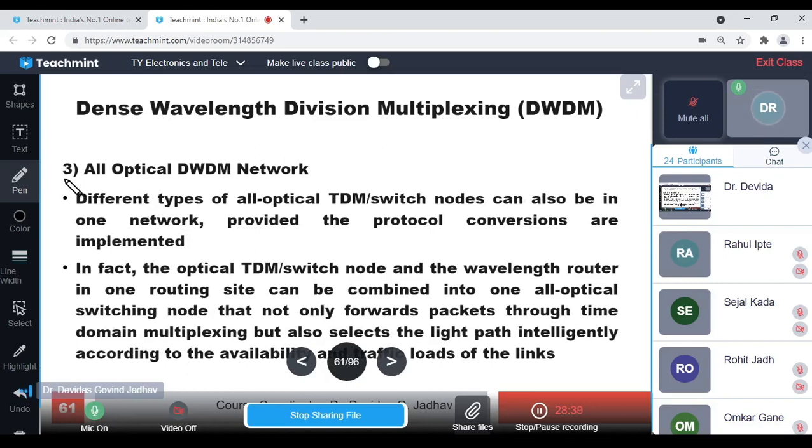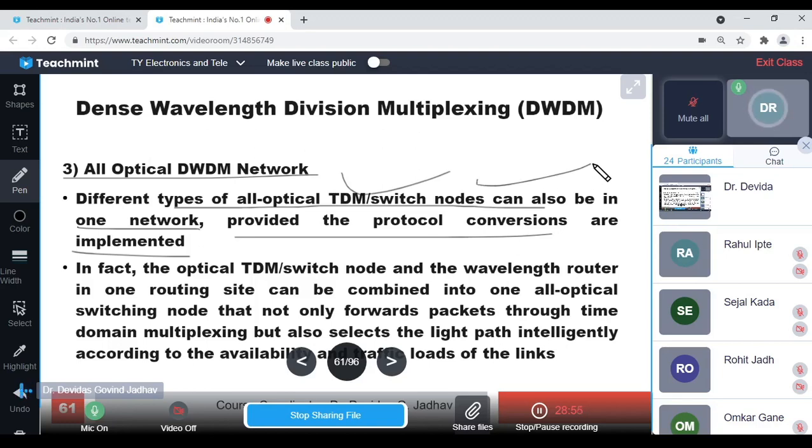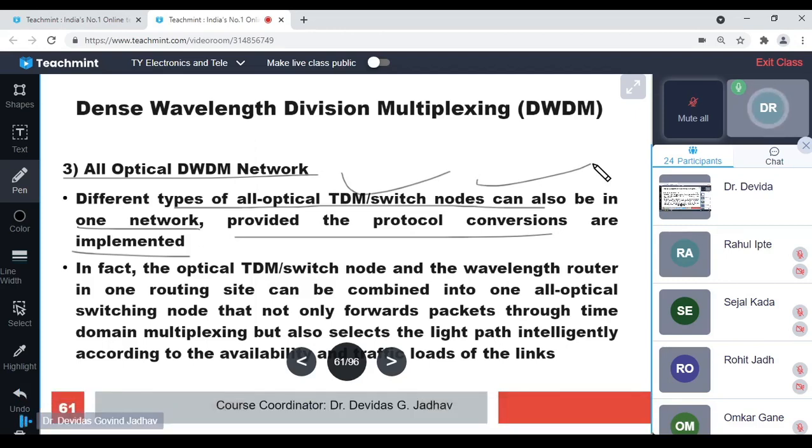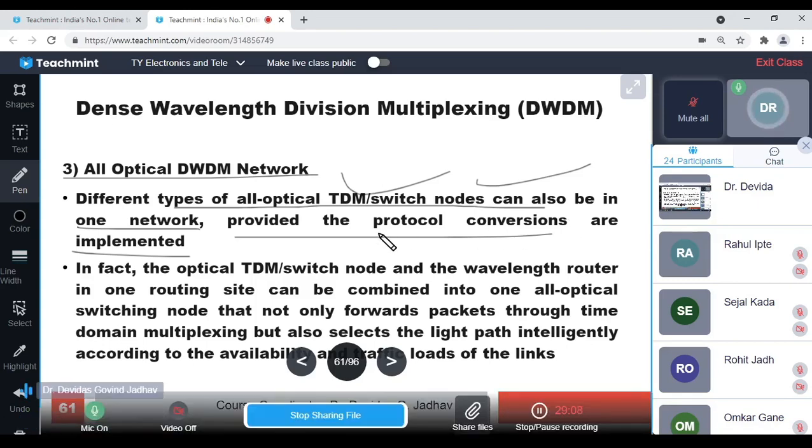Then in an all optical DWDM network, different types of all optical TDM switch nodes can also be in one network, provided the protocol converters are implemented. So different types of all optical TDM switch nodes can be used, but protocol conversions are required, because one node may have a different protocol than another, and if they are communicating with each other, protocol converters will be required.